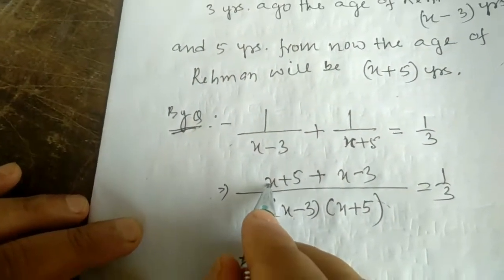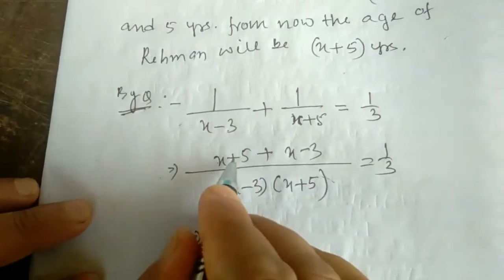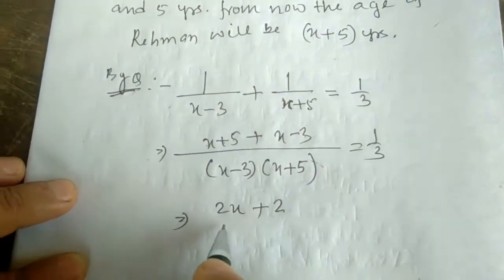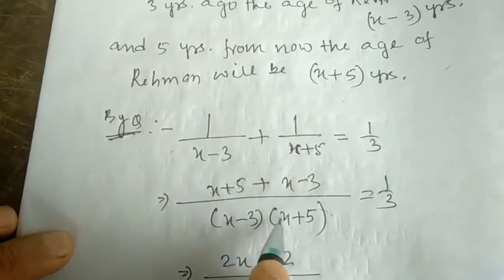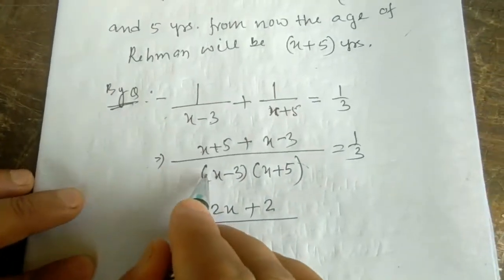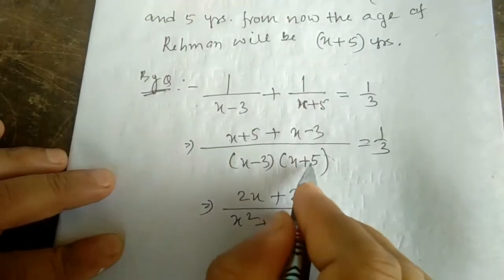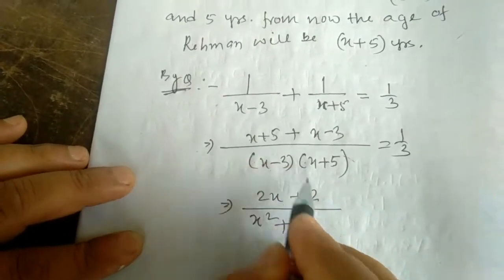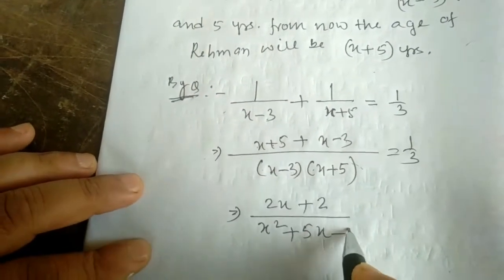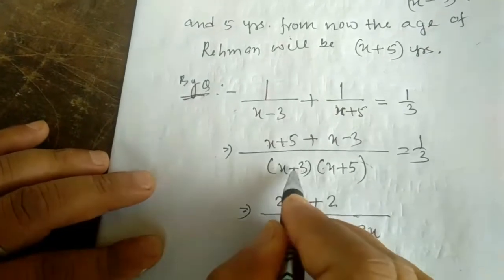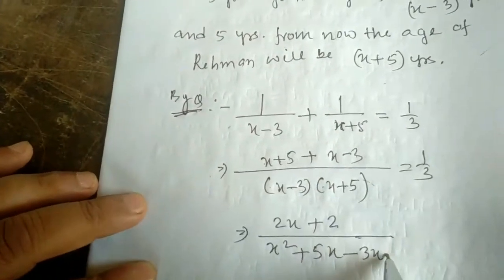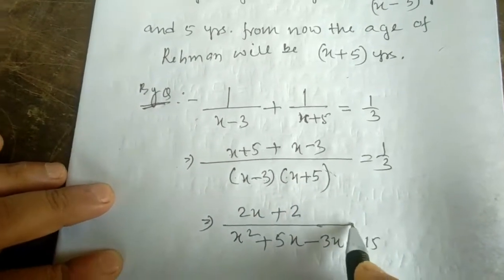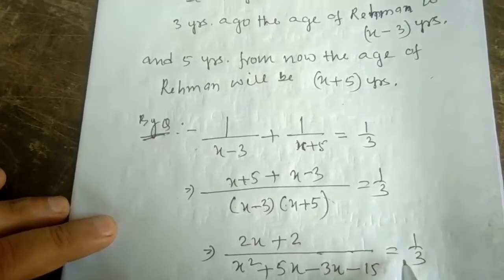Then x plus x is twice x, 5 minus 3 is 2. Now multiply the denominator: x into x is x square, plus 5 into x is 5x, minus 3 into x is 3x, minus 3 into 5 is minus 15, equal to 1 by 3.